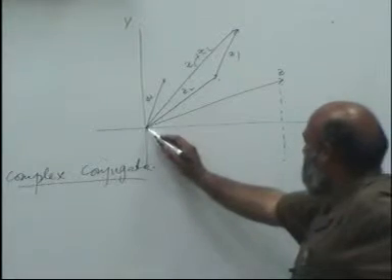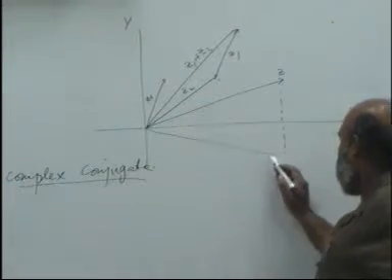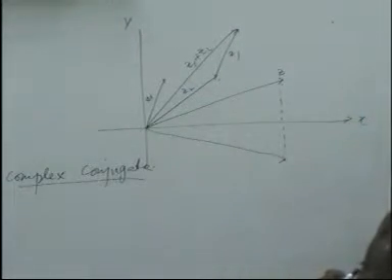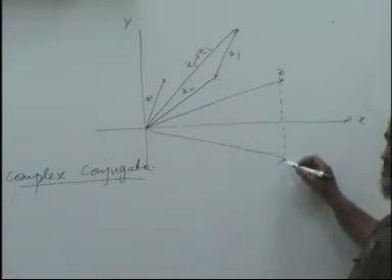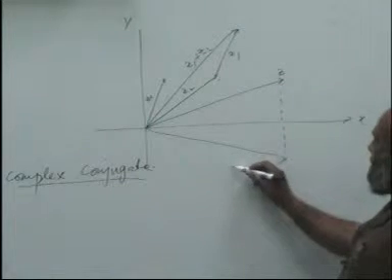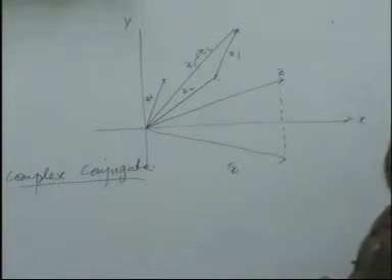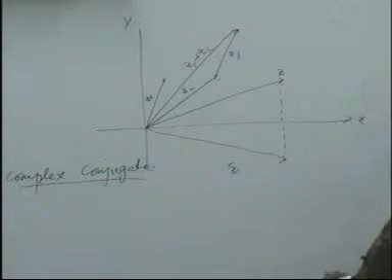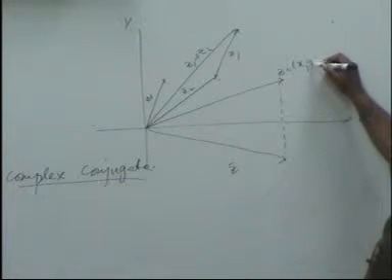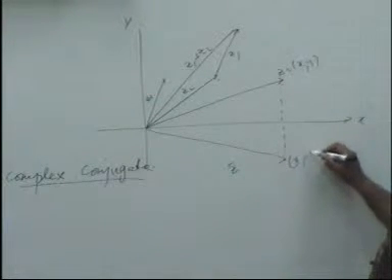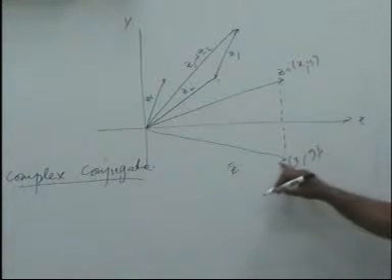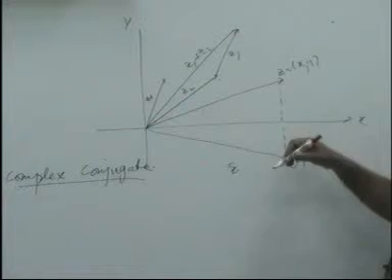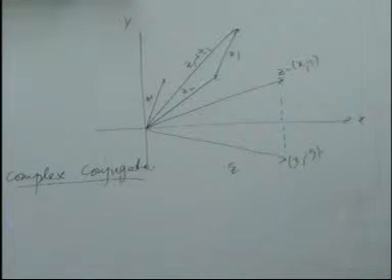This is the reflection in the x-axis of this complex number, and this reflection is denoted by z conjugate, its conjugate. So if this is x and y, then this point is x and minus y. X is the same, whereas y is reflected.